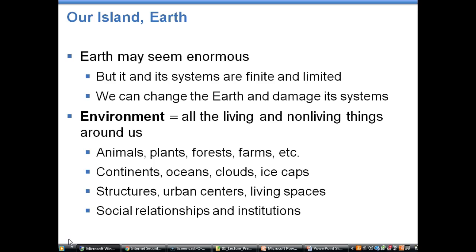We have to look at alternate systems, and we need to be able to find a way that we can maintain what we have. We're learning more and more that we can change the earth and we can damage its systems. We are seeing temperatures rise globally on average.